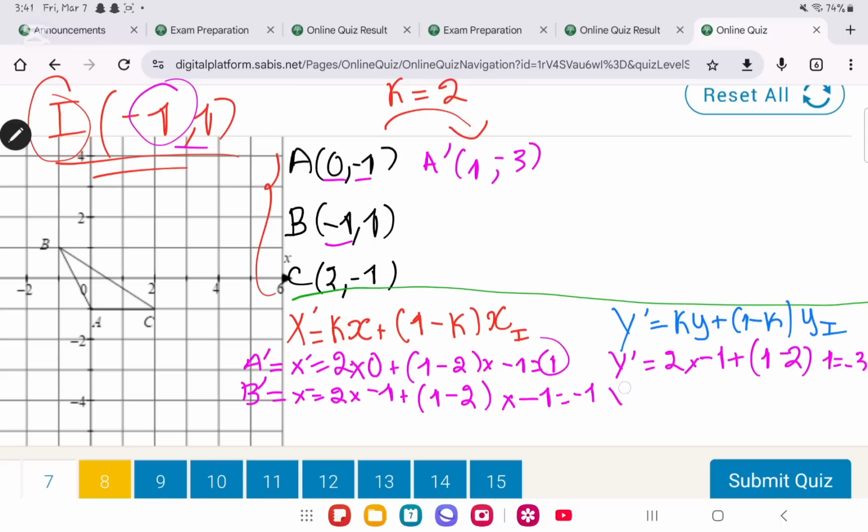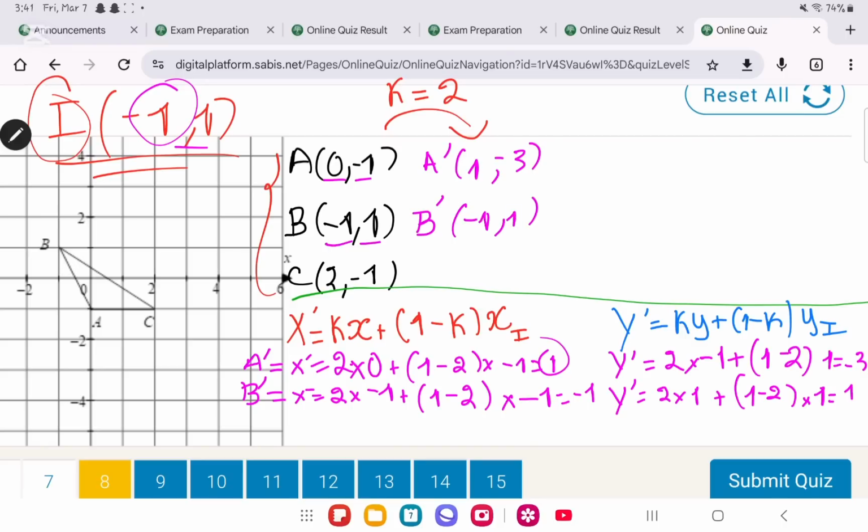Now, to find y prime of B, it is very simply the constant k, which is 2, times the y of B, which is 1, plus 1 minus 2 times the y of the center, which is 1, and this will give us an answer of 1. And just like that, you have the value of B prime, which is minus 1, 1.